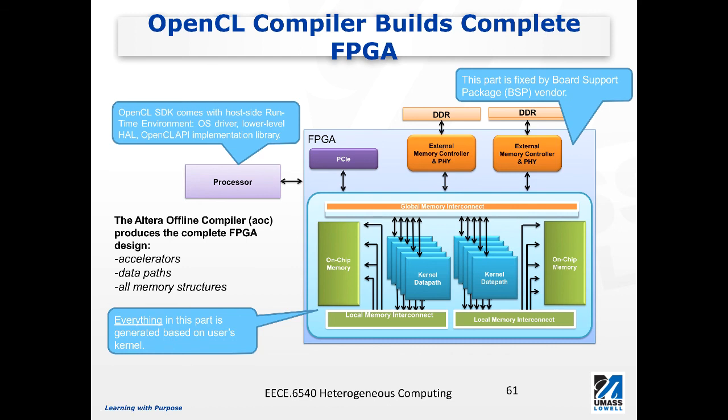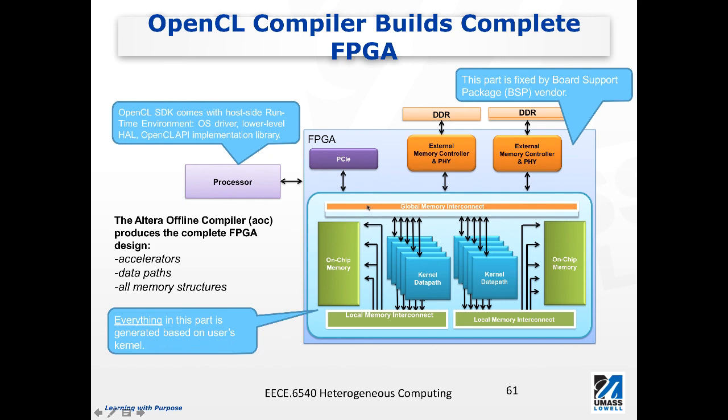And you may have other things that you want to talk to. All these components are provided as part of the board support package. So you need to have the vendors provide such components so that the OpenCL kernel generated can communicate with the processor and with the memory components outside the FPGA.